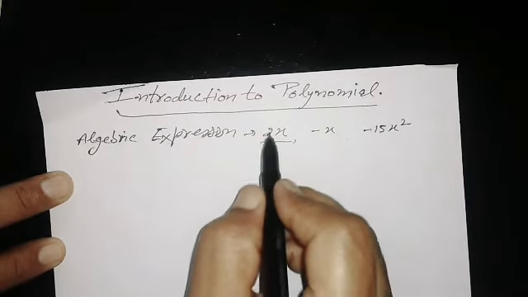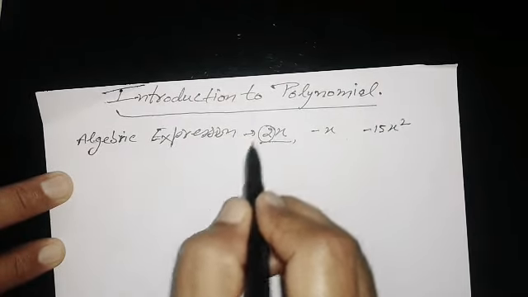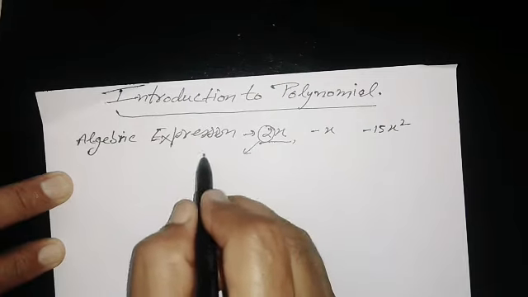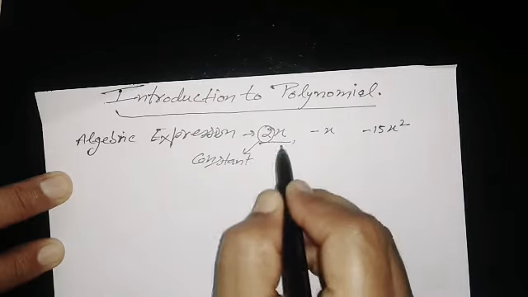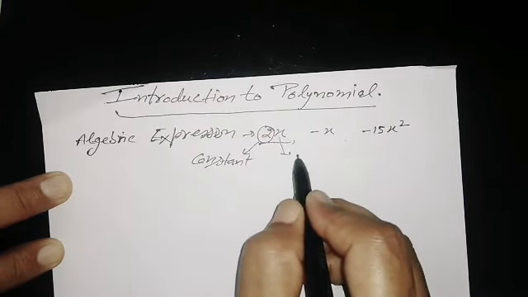In this expression, this 2 is called constant, right? And this x is called variable.